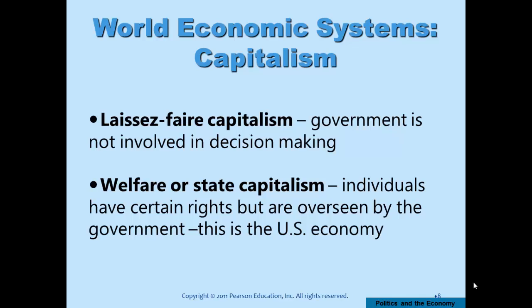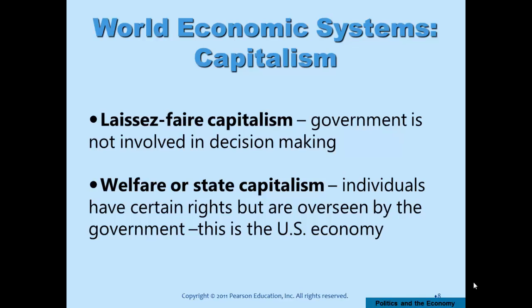Practice doesn't work so well, as near as we can see, at least from our own history, and so there are some versions of capitalism that vary from laissez-faire capitalism that we'd call welfare or state capitalism, and this is probably more what we have in the United States. There are certain rights, but these rights are overseen by the government.